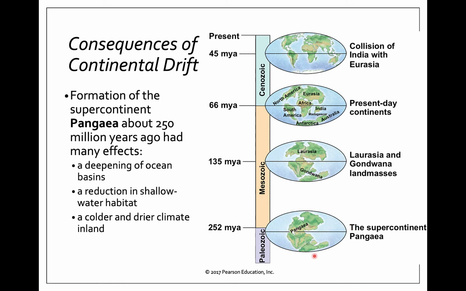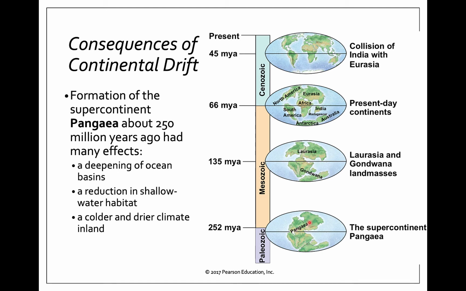When the Earth formed Pangaea, most of the marine life was living in shallow water. And so this would have probably killed a lot of marine life, because a lot of the shallow water habitat was destroyed, and the oceans got deeper. And then the internal area of this land would have been very cold and dry.